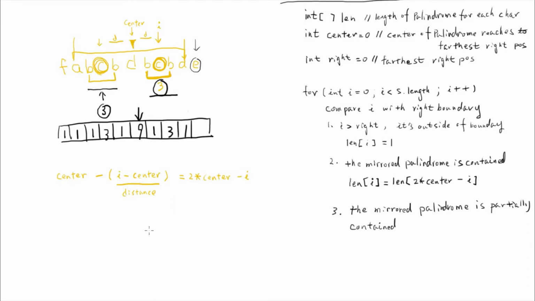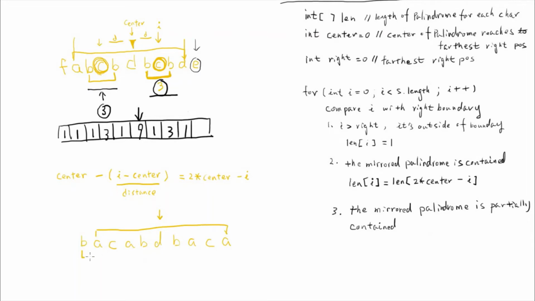The third scenario is if the palindrome we can find is partially contained by the boundary. Let me explain scenario number 3 with an example. Let's say we have a string. When we try to search for the longest palindrome, let's say we found the palindrome centered at D and bounded from A to A. And before that, we have another palindrome.